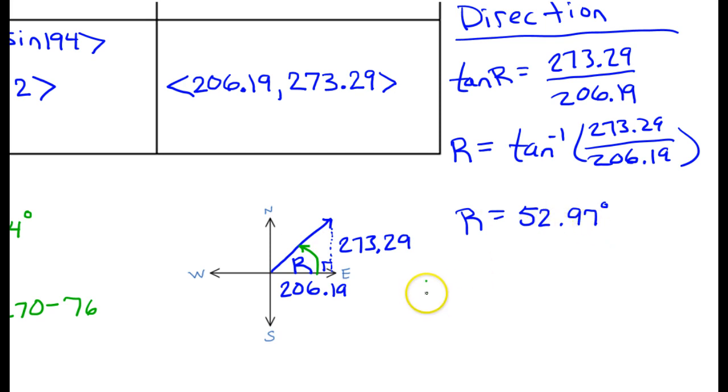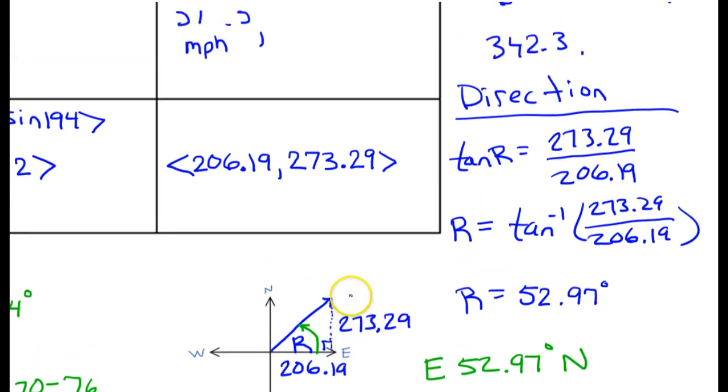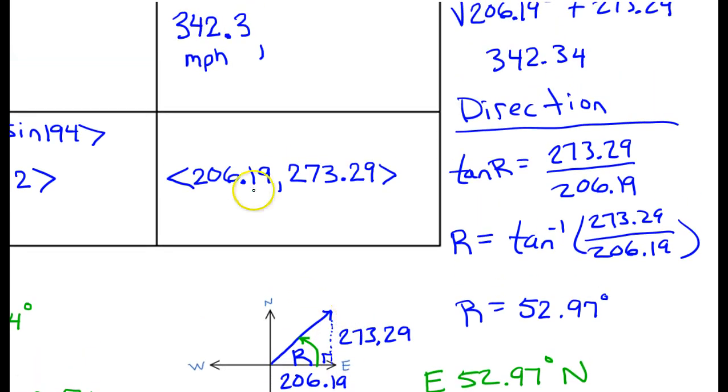Okay, so that would be east 52.97 degrees north. Starting at east, turning 52.97 degrees towards the north. Okay, so that will be the direction. So I'll just go ahead and record that in the resultant box for our final answer.